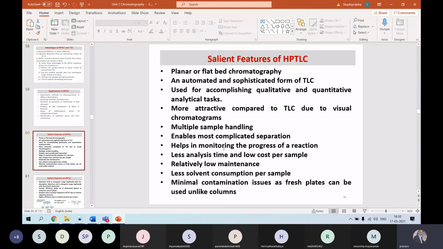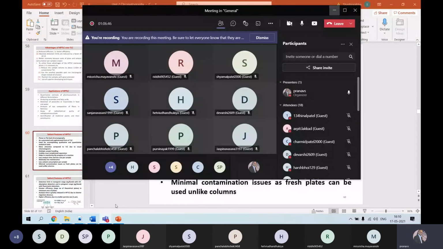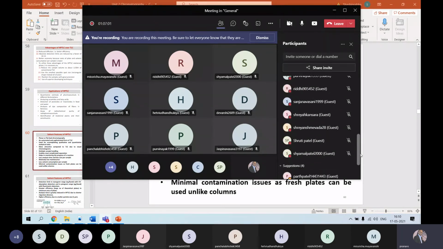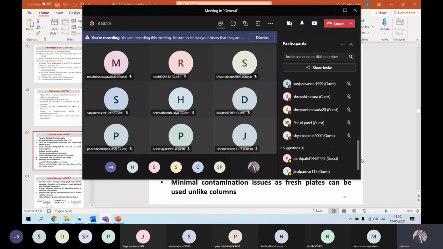So I'll just stop here because, as said, there are only 19-20 students now. If you have anything to ask me, Richa, or anybody else, Devarshi is there, who else is there? Anything if you want to ask me, Shreyans is there, Shruti is there, Purvi, anybody, Hetvi, Riddhi.